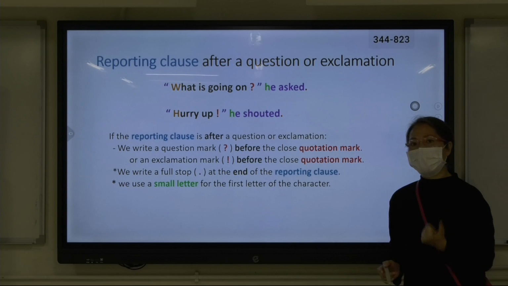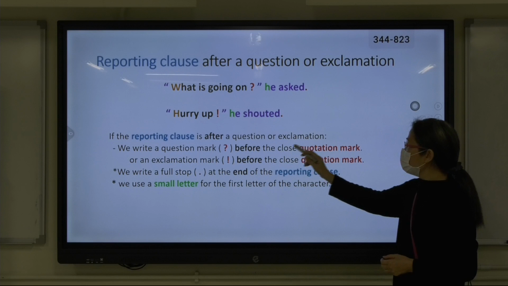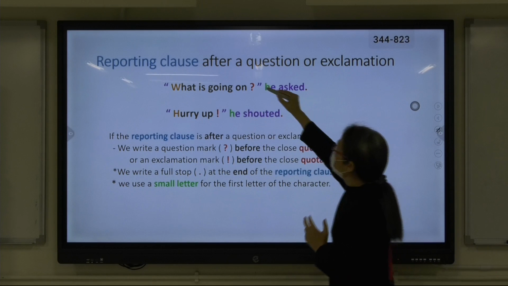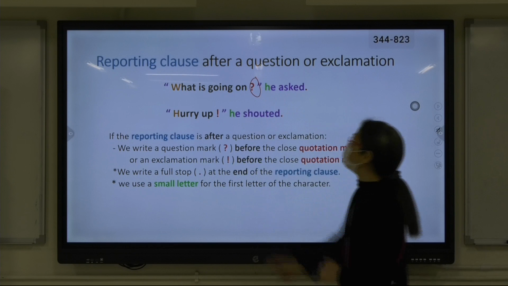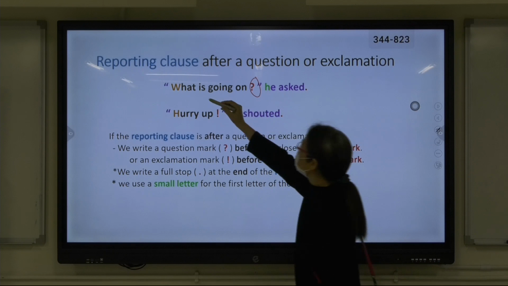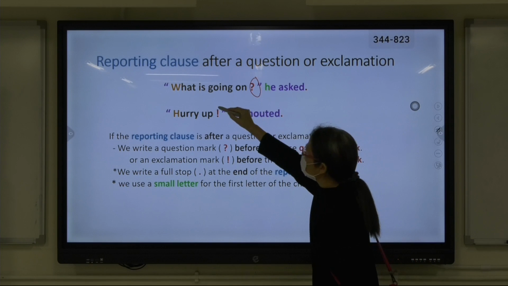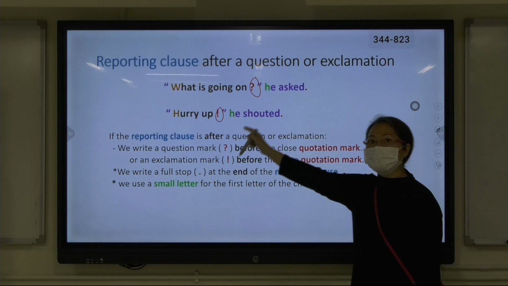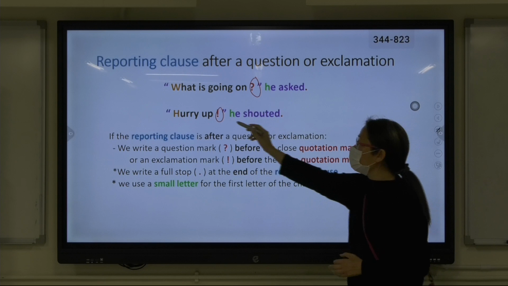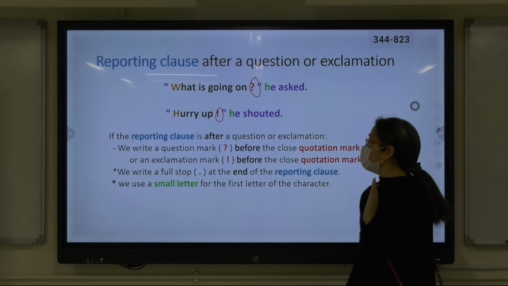How about questions? If the reporting clause is after a question, everything is almost the same, but the difference is here. We use the question mark here for a question, and we use an exclamation mark here for an exclamation at the end of the direct speech. Don't use a comma.